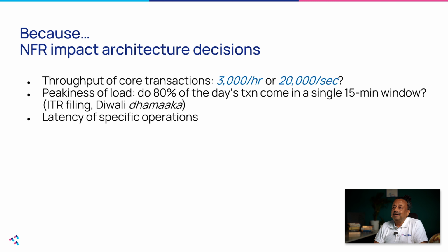The third thing that hits software systems, which are a common NFR in the systems we build, are latencies. Latency refers to the time delay from the start of an operation to the end. For instance, if I want to see what are the available railway tickets before I can book a ticket, I should be able to type in my query and hit enter and see the results in, let us say, 3 seconds. So that's a 3-second latency limit.